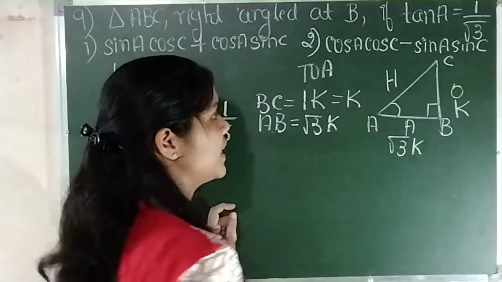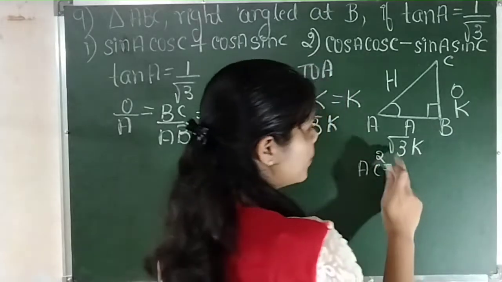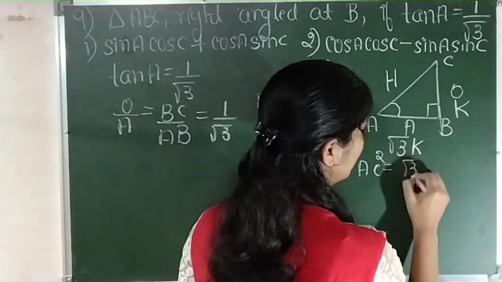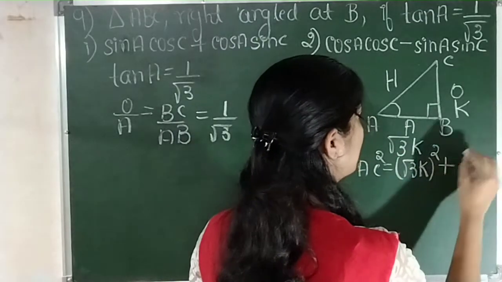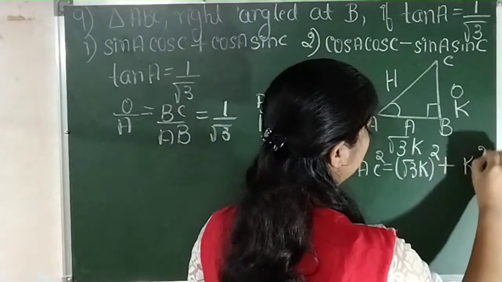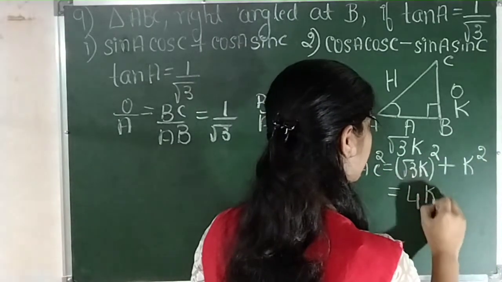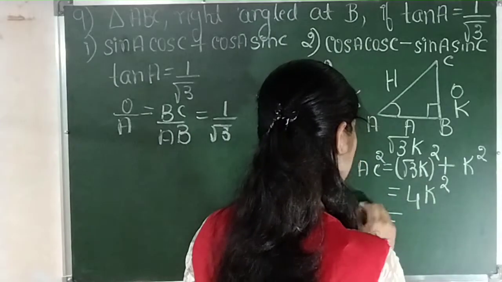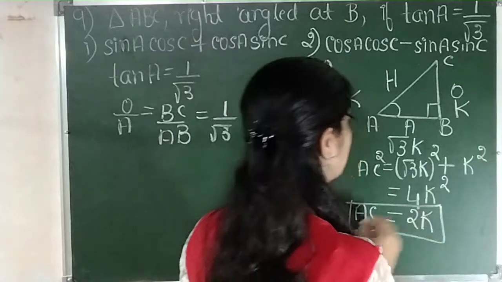Find the value of AC. AC square is equal to AB square, that is root 3 into K whole square plus K square. So that is nothing but 4K square. So AC is equal to square root of 4K square, that is 2K.